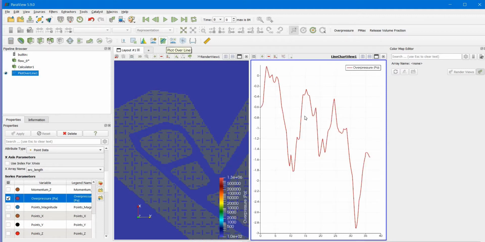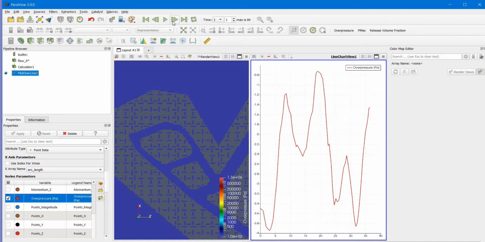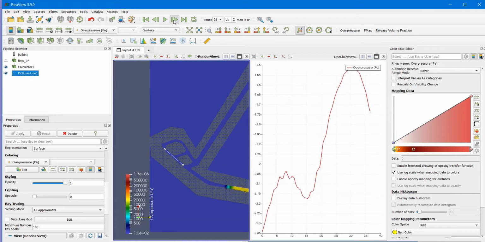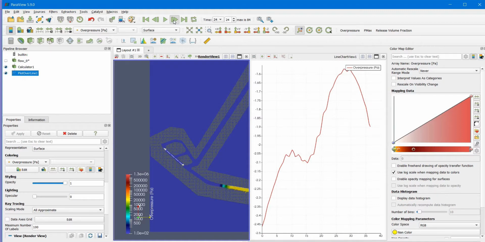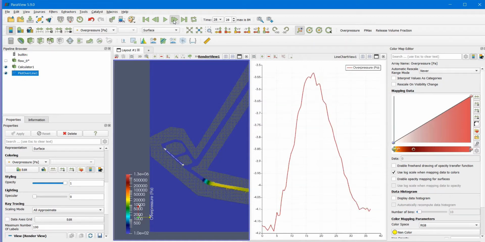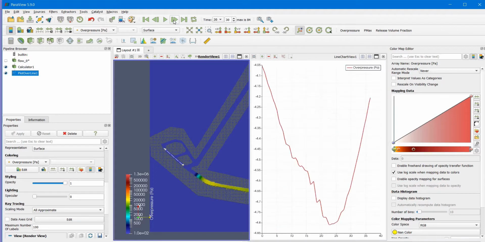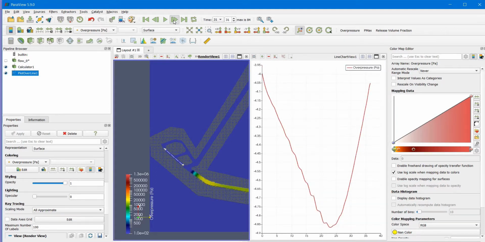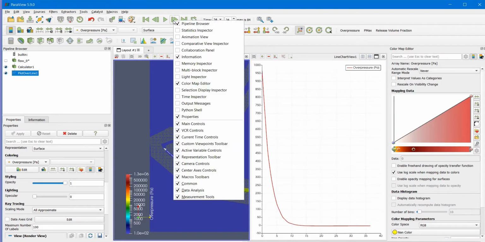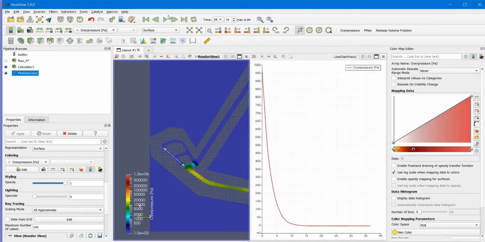So go back. Initially it's 0. Obviously the pressure hasn't arrived here yet. And then we'll move on. Next one. Nothing yet. And then when the pressure wave arrives, I had to press the wrong button. Pressure wave arrives.